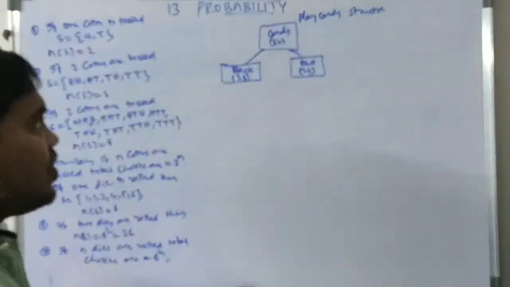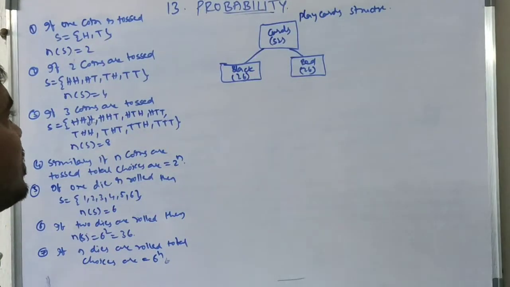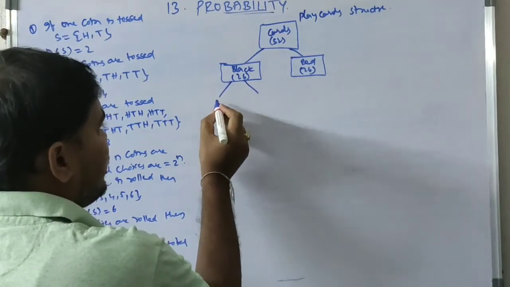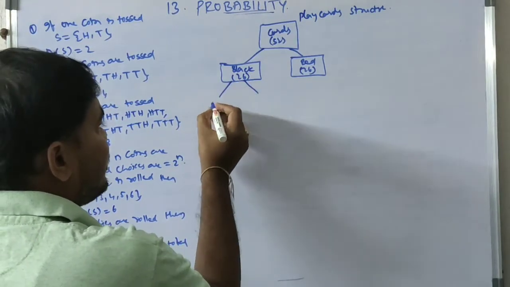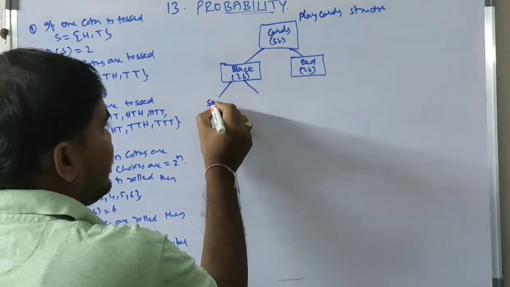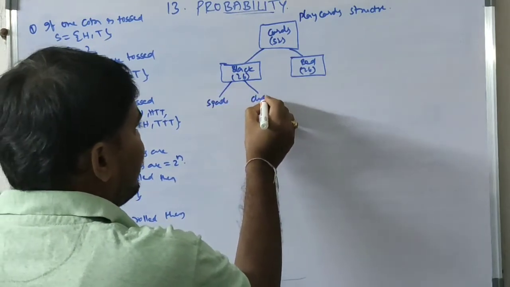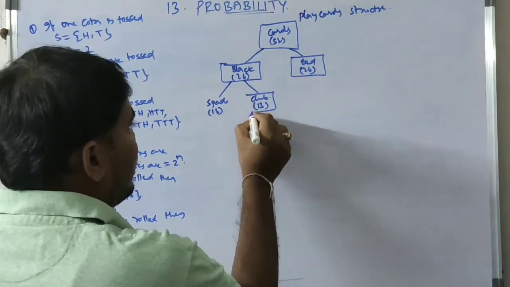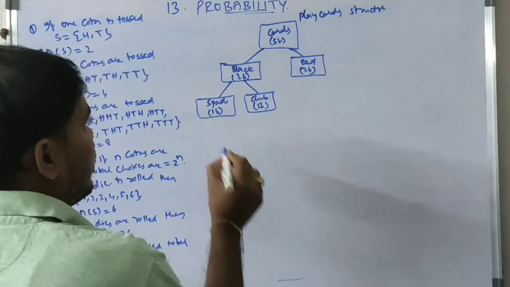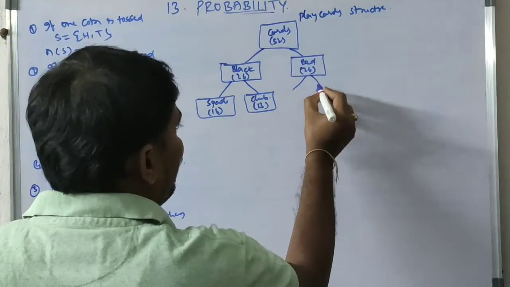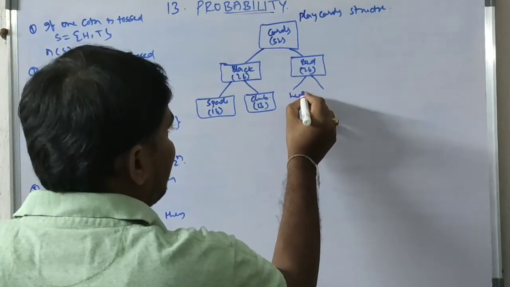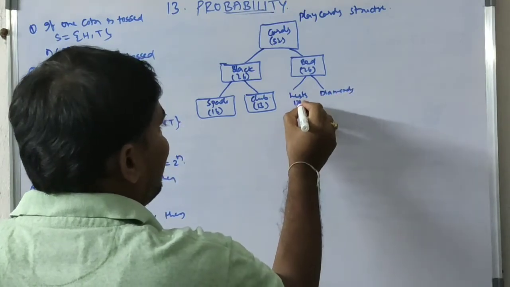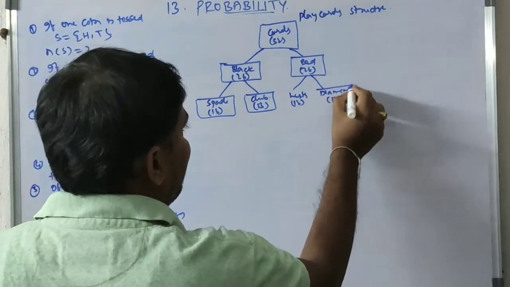Okay, the black cards also have 2 types: spade and club. So spade cards 13, club cards 13. Next, in red also 2 types, hearts and diamonds. So heart cards 13, diamond cards 13.